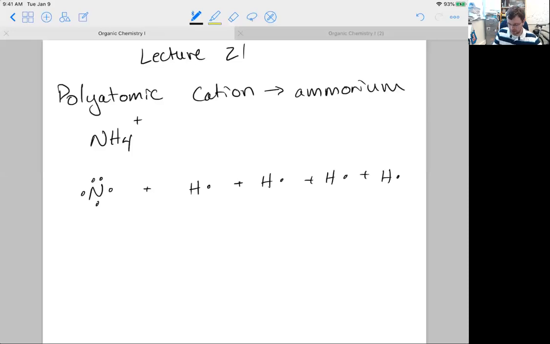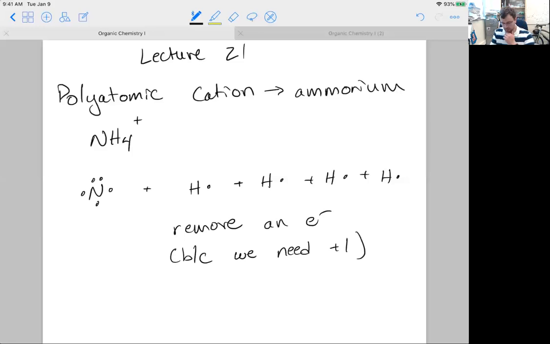And we're going to remove an electron, because that will give us an overall positive charge. So we need to remove an electron from any one of these species.